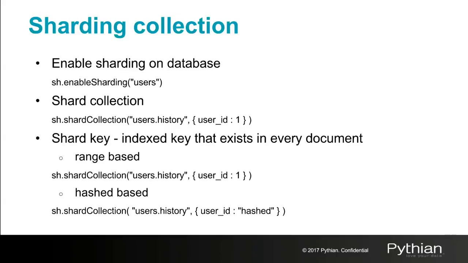Once sharding is enabled on a database level, the next step is to shard the collection, and there are two ways of sharding the collection. We can shard with range-based sharding, or we can shard with hash-based sharding.